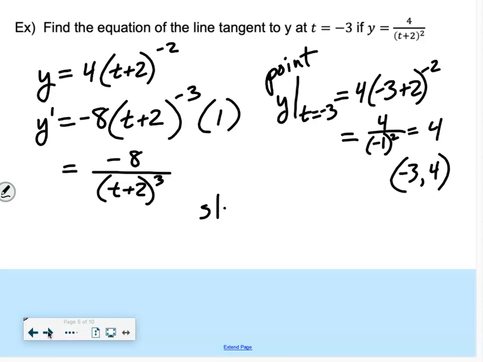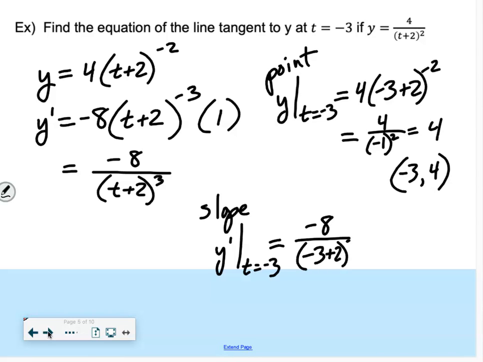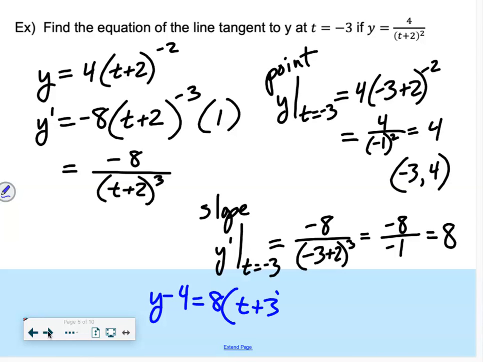Our slope would be y prime evaluated at t equals negative 3. That would be negative 8 over (negative 3 plus 2) cubed. So that's negative 8 over negative 1 cubed, which is negative 1 cubed equals negative 1, so our slope is 8, which means our equation of our tangent line is y minus 4 equals 8 times (t plus 3).